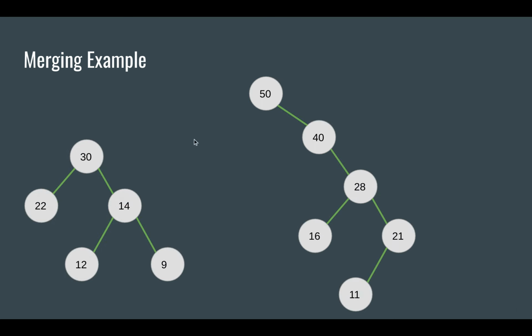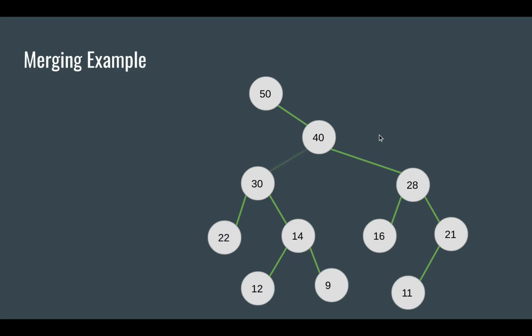Then we take the remaining part of the largest root node and make it the left tree of the second node of this merged tree. So this way we can merge two heap trees together.